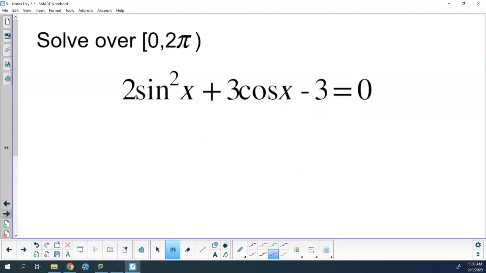You might have this kind of a problem. What's wrong with this one? Why can't I factor? Okay, there's no GCF. But why also can't I factor?